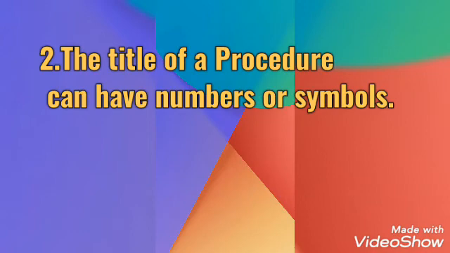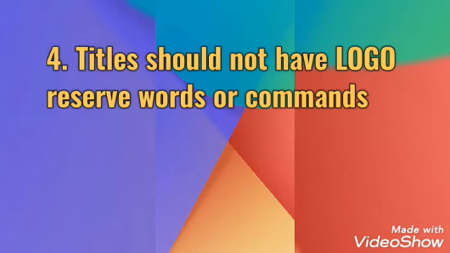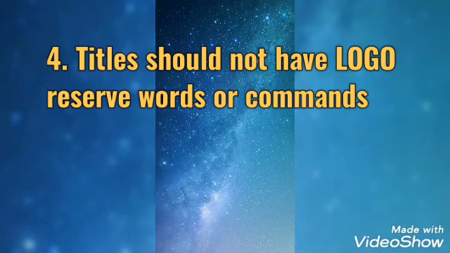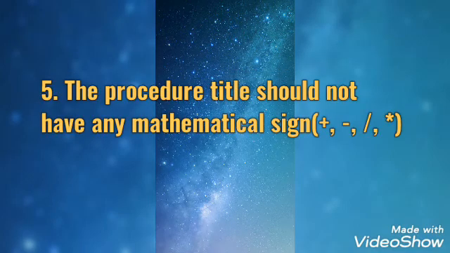The title of a procedure can have numbers or symbols. The procedure title should not have any blank spaces. The title should not have Logo reserved words or commands. And lastly, the procedure title should not have any mathematical sign like plus, minus, divide, or multiplication sign.